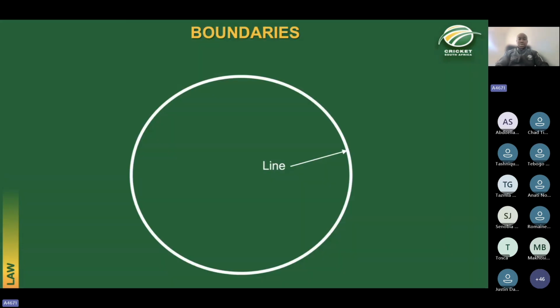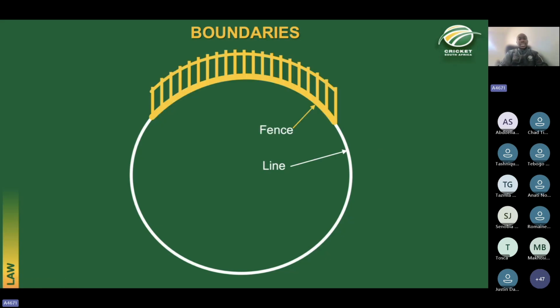So let's have a look at some graphical illustrations of the previous slide. As mentioned, if this is our boundary line going around, the inside edge of that boundary line is actually the boundary. If we have a fence as a boundary, the inside edge of that fence is the boundary.